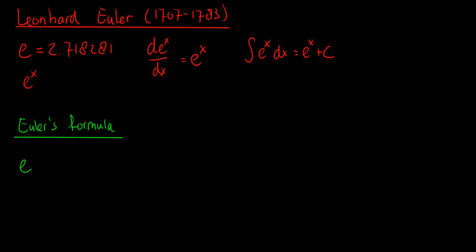Well, e, which is Euler's number, to the power i, the imaginary number, which he also introduced, times x, just some arbitrary number, is equal to the cosine of x plus i times the sine of x. And this is something he proved, and this is very, very neat, because now we can link trigonometry functions like the sine, cosine, and tangent, which he also introduced, towards the e number.